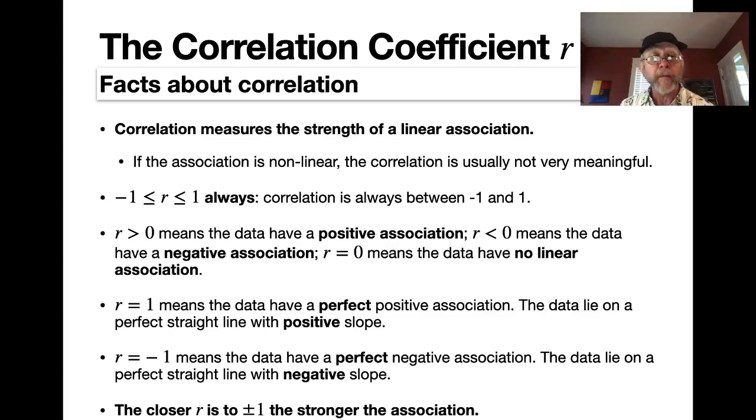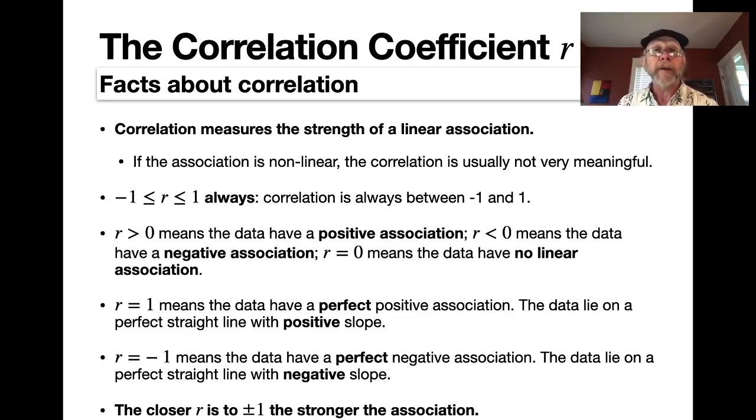What about in between values? Well, the closer the correlation is to ±1, the stronger the linear association is, the basic idea there. So correlation values like 0.9 or -0.8 indicate pretty strong linear associations.